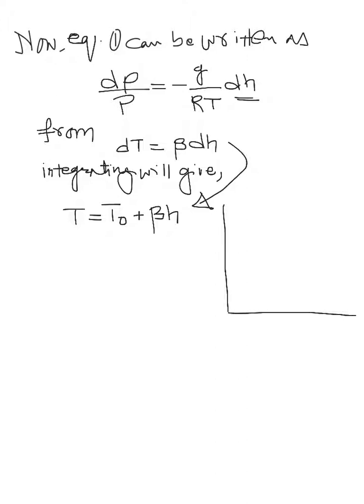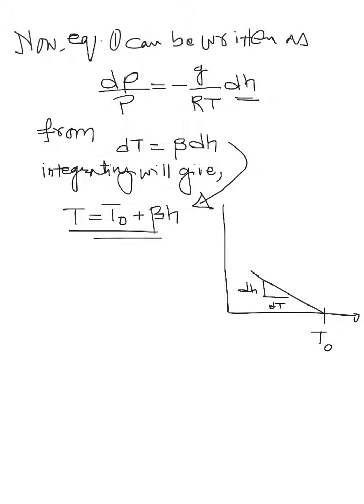If you remember, in the troposphere region the temperature varies linearly. T0 is the temperature at sea level. So the slope-intercept form has resulted in this equation of a straight line.